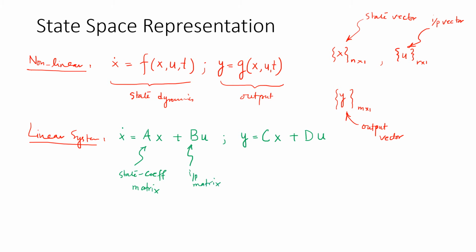That's also the reason why we call this the input matrix. C on the other side is going to be called the output matrix. And D, because you can see the inputs u are directly being fed to the outputs y, is called the feed forward matrix.